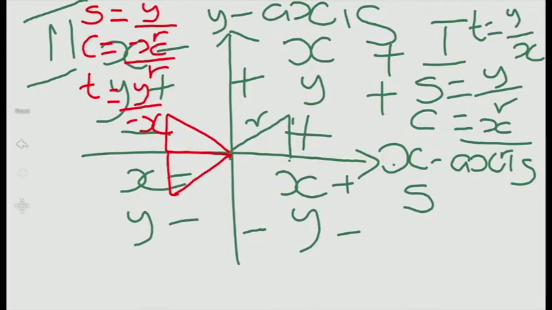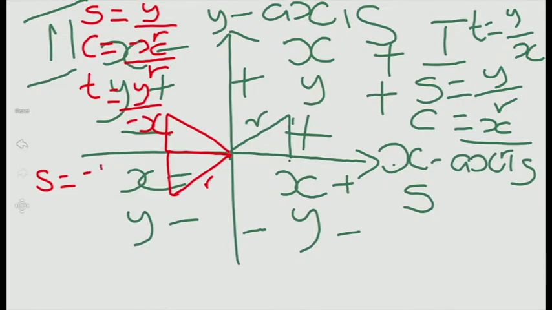And then now, we have another right-angled triangle in the third quadrant. We look at the sine. Sine is opposite over hypotenuse. Our r is positive. Opposite is the change in y because we're moving from here to here. So the change in y here is negative.